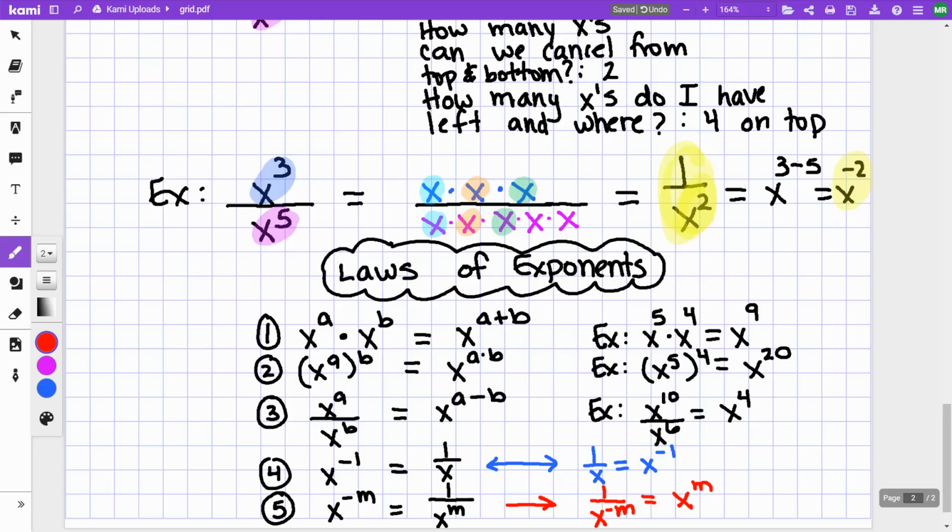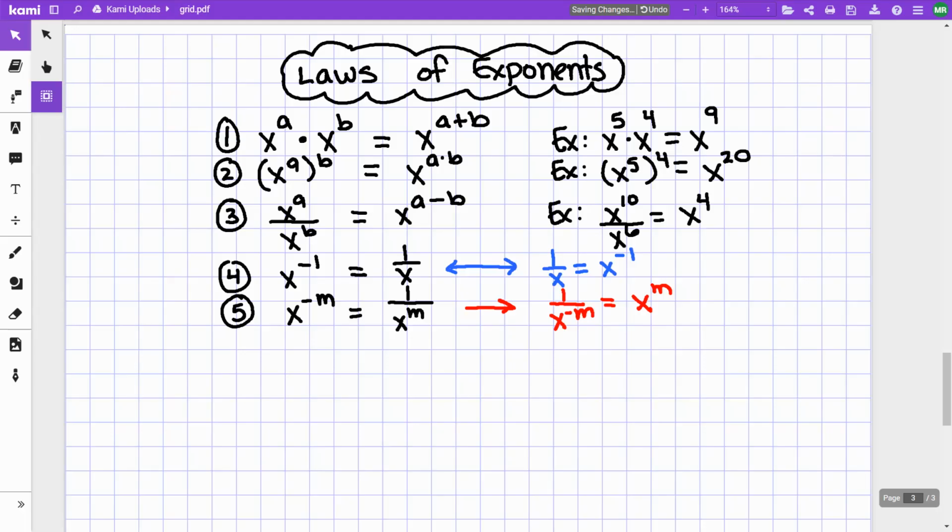Now, the last one I'm going to add is if you raise something to the power 0. When you take anything to the power 0, you are always going to get 1 back every single time.